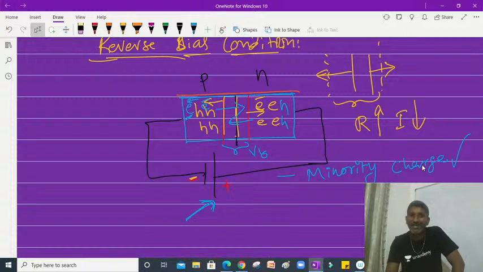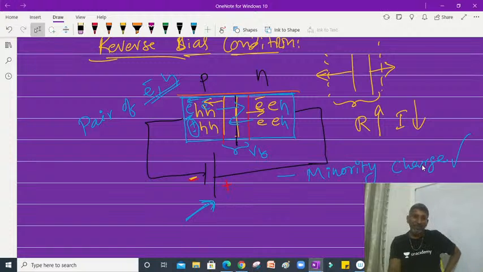These electrons can collide with the covalent bonds. In the covalent bonds, what are present? Electron and hole. Hole is with positive charge, electron with negative charge. So the pair of electron and hole will be released when this electron collides with the atom.